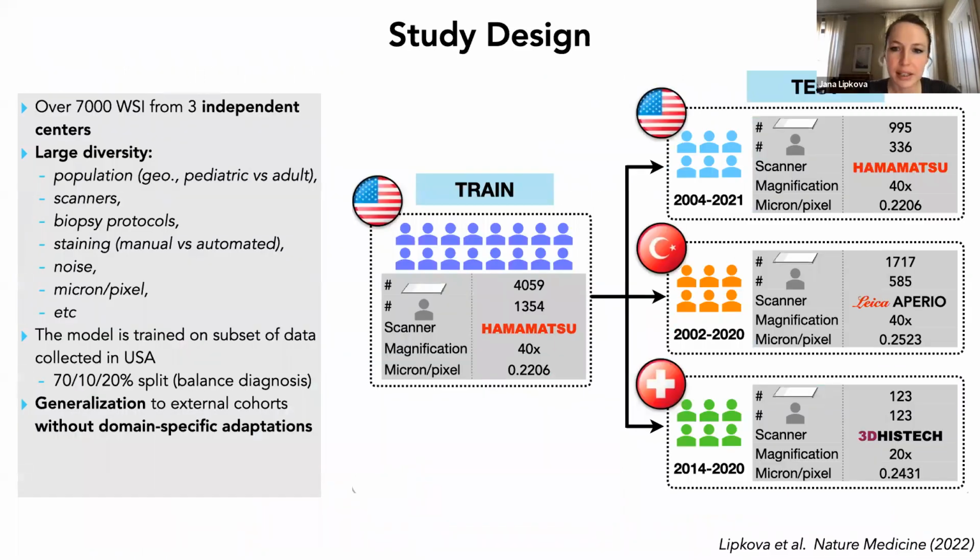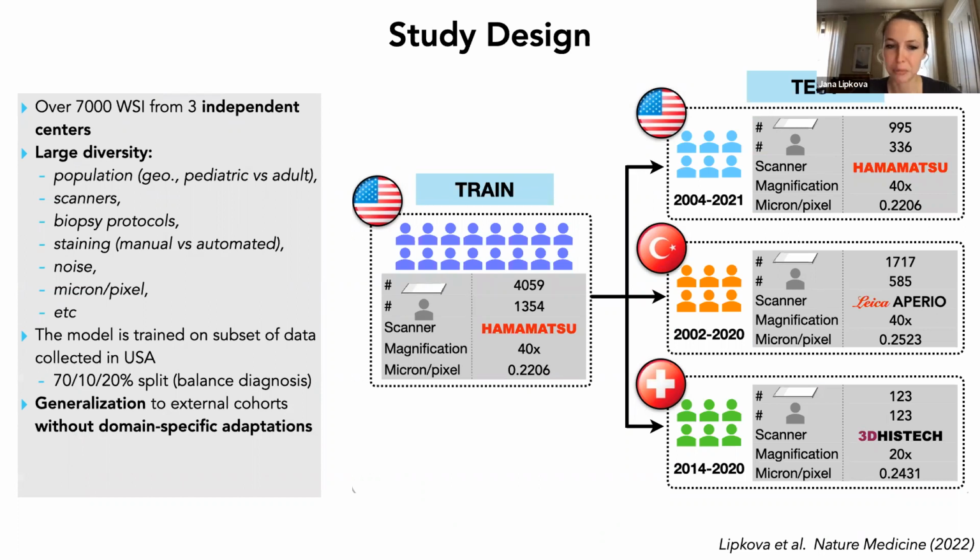And so now we look at the study. So this is our study design. We collected over 7,000 whole slide images from 3 independent cohorts. And we designed the data sets in a way that they deliberately express the large variability that exists in the histology data. So we have different populations. Each data set was scanned with a different scanner.